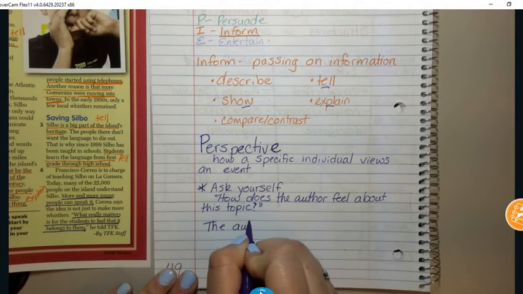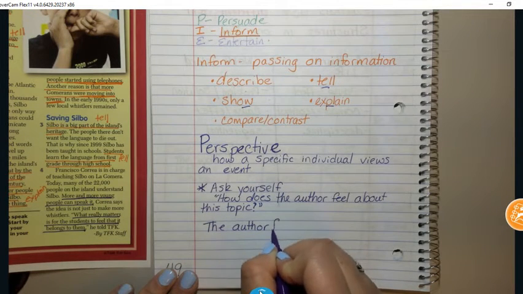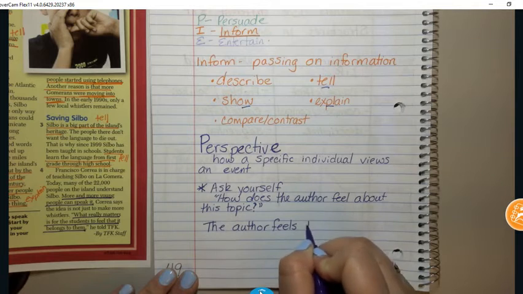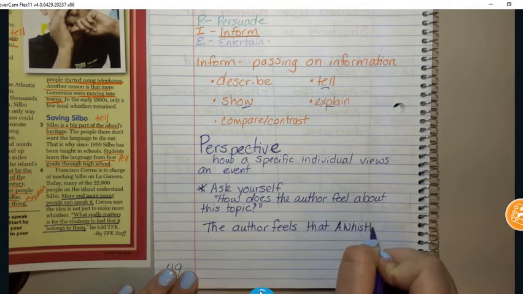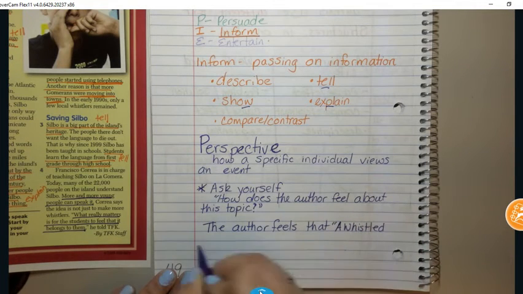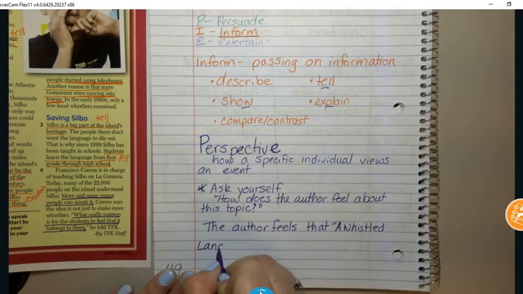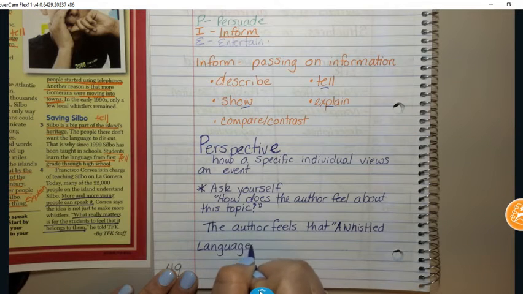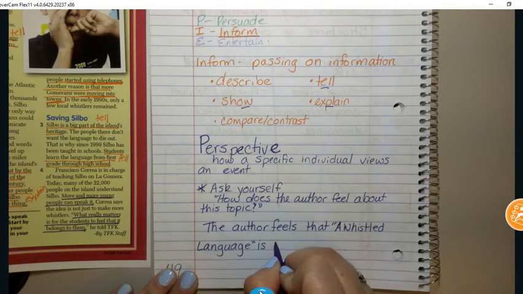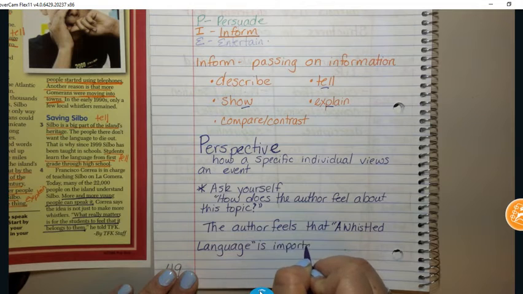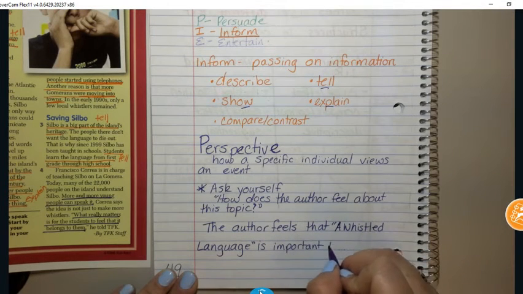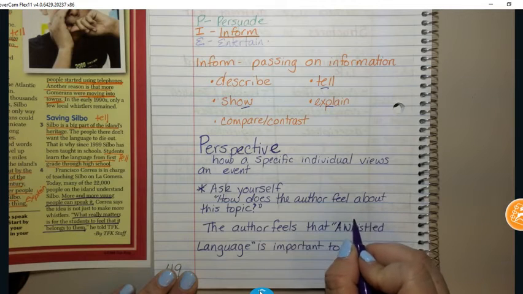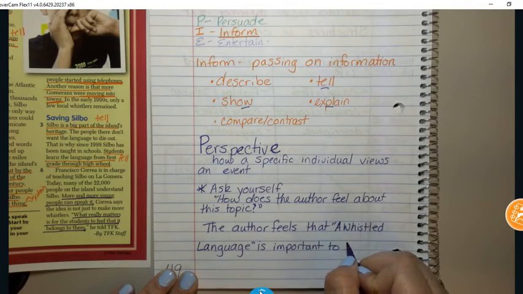The author feels that a "whistled language" is important to the people of La Gomera. (Sorry, I should put open quotation marks.)